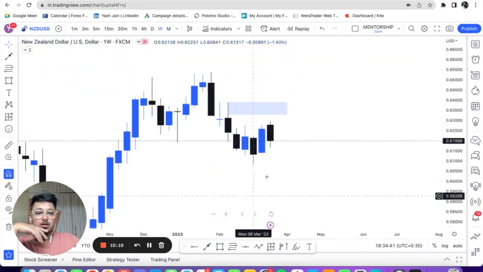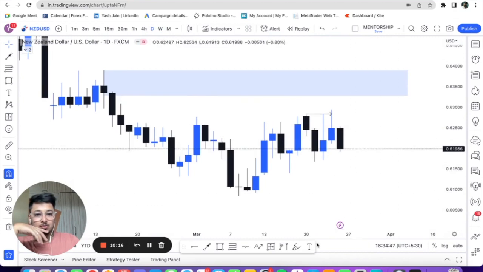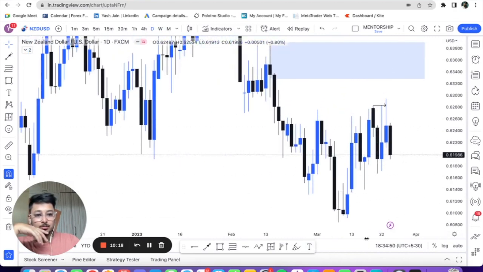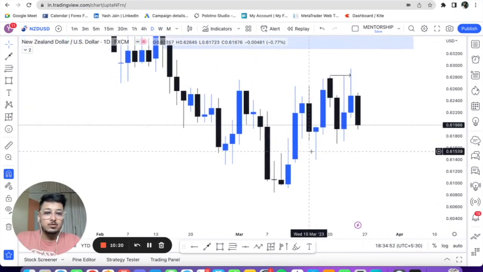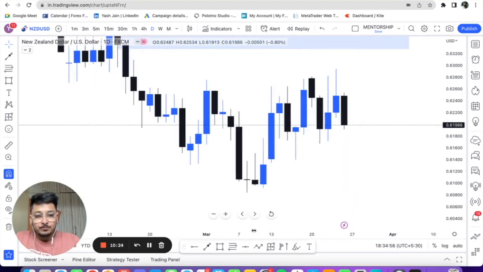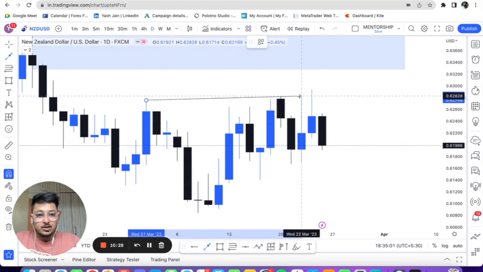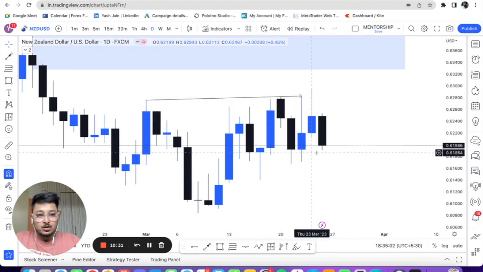I think on New Zealand dollar, all you have to do is again follow a very simple bias. Just go with the trend. If other pairs are looking bearish, follow the same steps in these, because we have got enough liquidity from the top and we have broken structure as well.